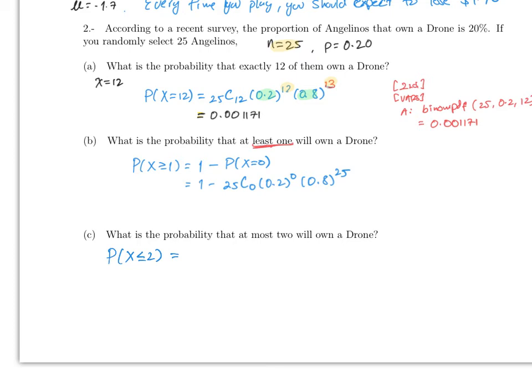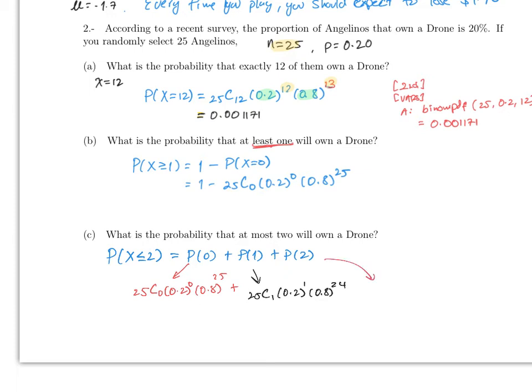But remember, at most 2 means 0, 1, and 2, and then you just have to write the answer for each of them. 0, we did it already, is 25 choose 0, 0.2 to the 0, and then 0.8 to the 25. What about 1? 25 choose 1, 0.2 to the 1, and then 0.8 to the 24.